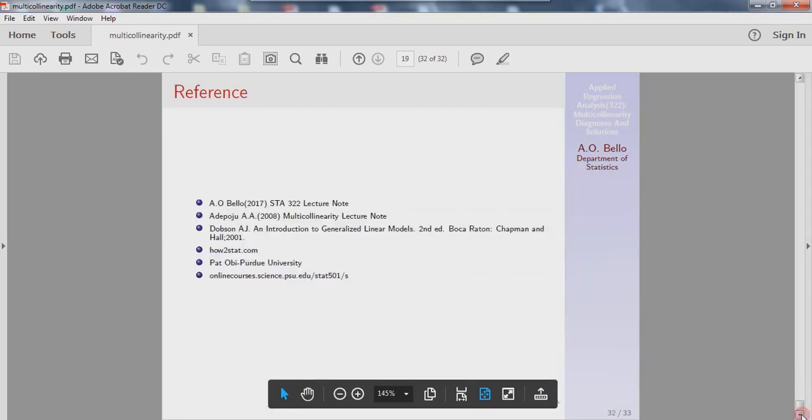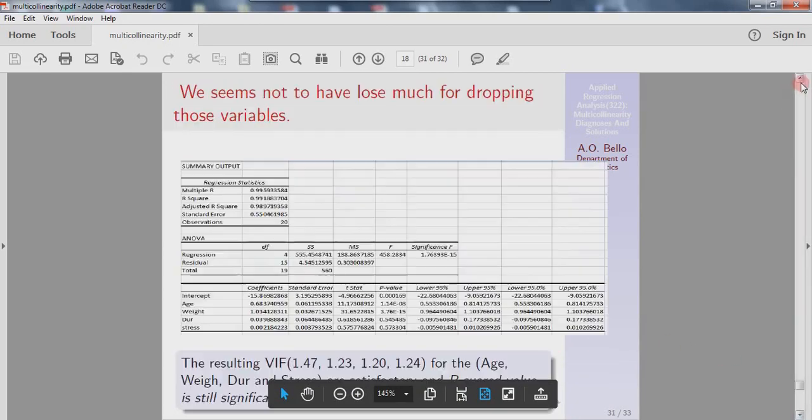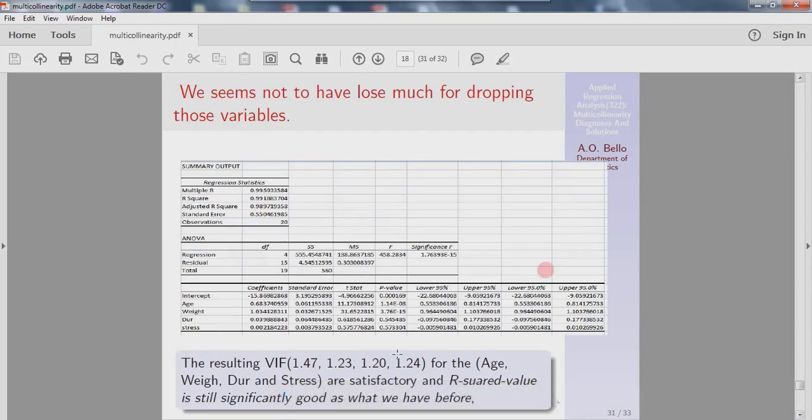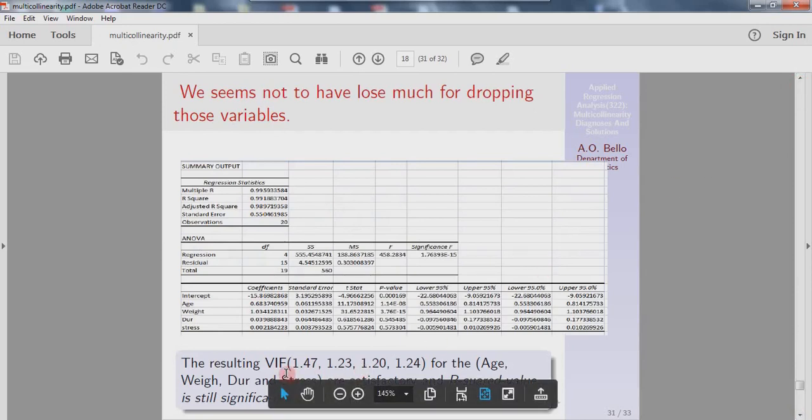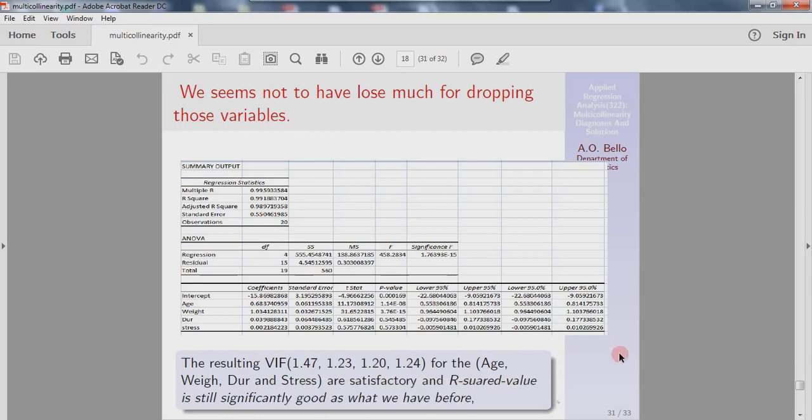So what do we have here? Sorry, the resulting variance inflation factors, we are having 1.47, 1.23, 1.20 and 1.24. That means, after we have removed body surface area and also pulse, we have to check the variance inflation factor again.